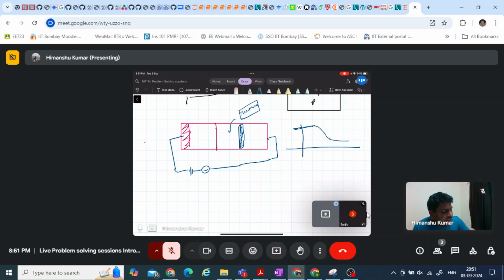For the low frequency case it is this; for the high frequency case, it will become lower because this can't respond to very high frequency. This thermal generation becomes slower at high frequency.